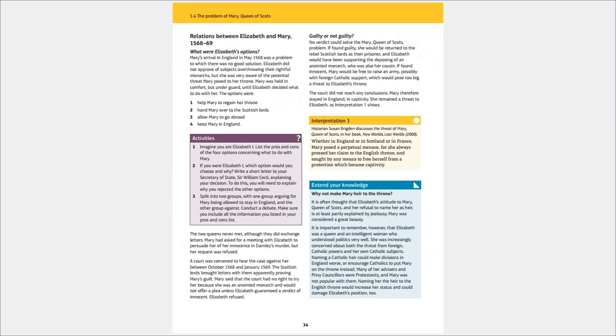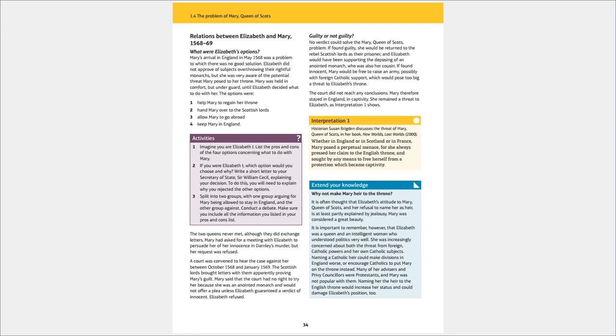What you should really have got a sense of from watching that documentary is how much Elizabeth struggled with what she should do with Mary. What we want to focus on now, towards the end of this lesson, is why Mary posed such a problem for Elizabeth after she arrived in England.